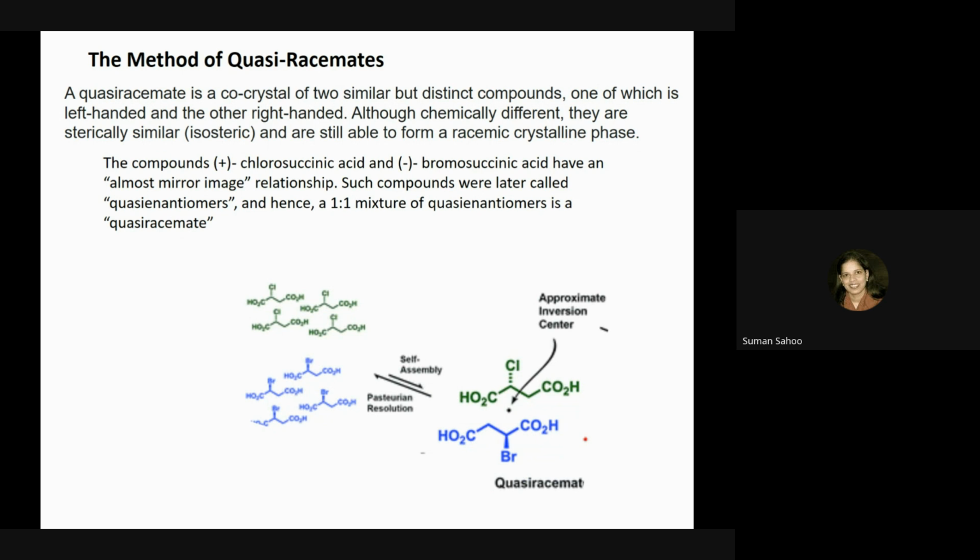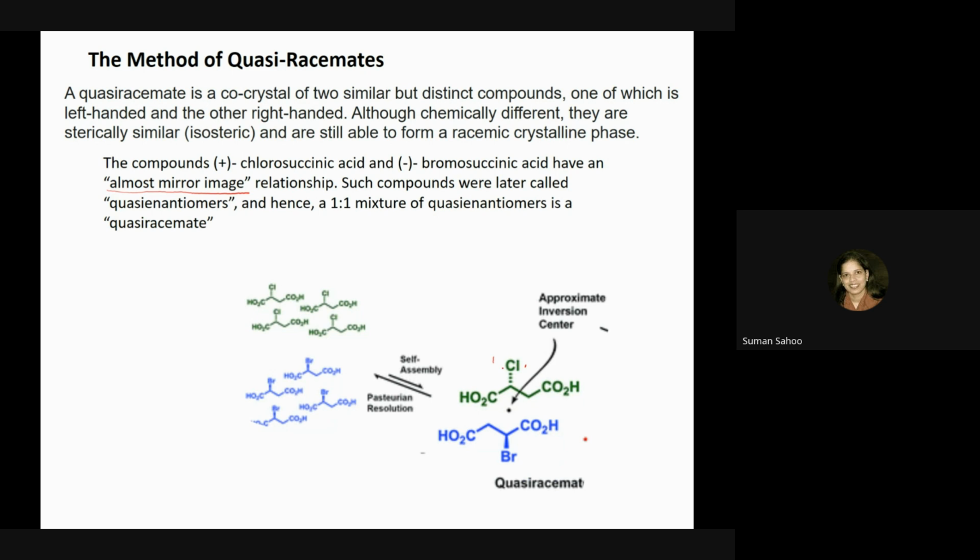These two are not enantiomers of the same compound, but when you mix these two, they form a racemate. So this is known as a quasi-racemate. They are not actually a racemate, but they are more or less equal to a racemate. So they have an almost mirror image relationship.